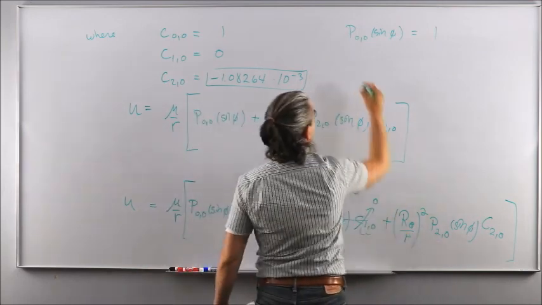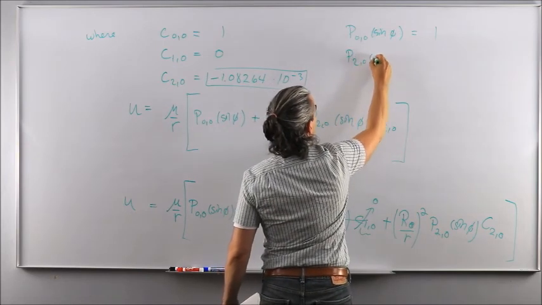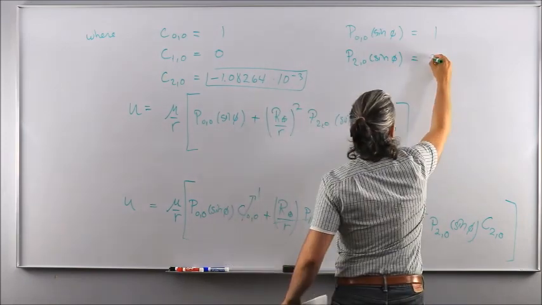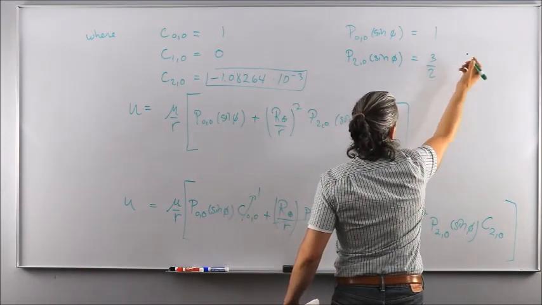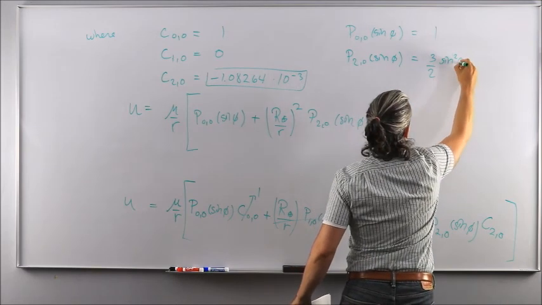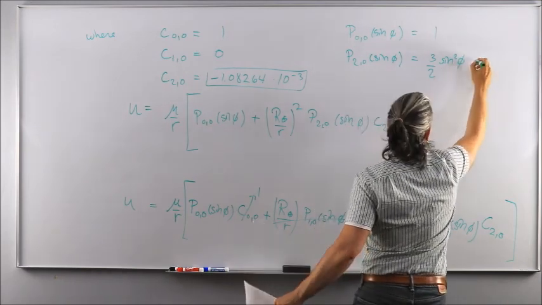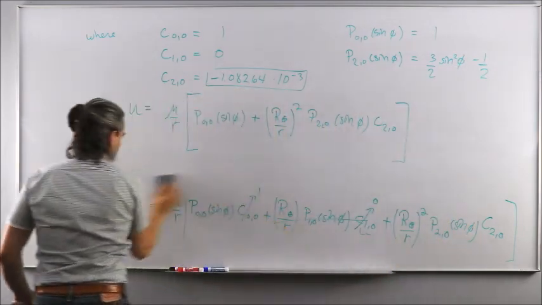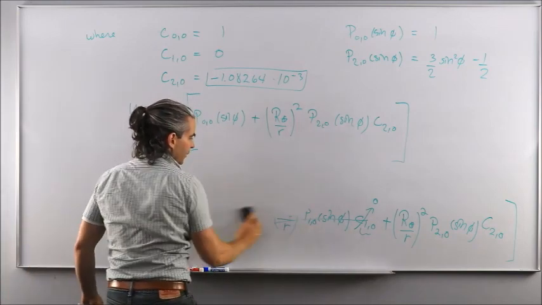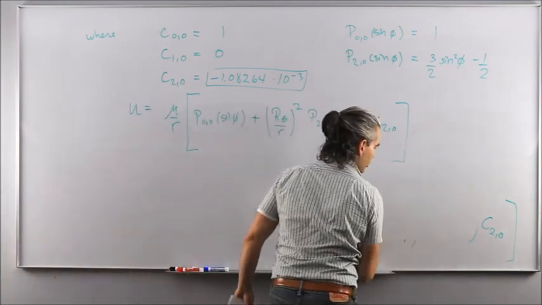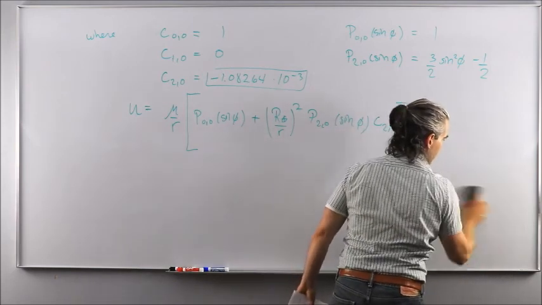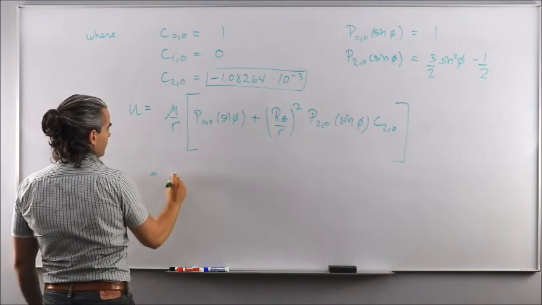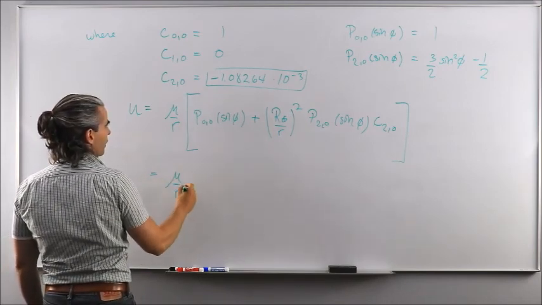So all we have to look at now is P2,0, and our function is sine phi. And that's our 3 over 2. Previously it was x squared, so now it becomes sine squared phi minus 1/2. Okay? So let's use those specific Legendre polynomials whenever our function of interest is sine phi, and not just some random function x, to come in here and rewrite the whole thing as mu over r.